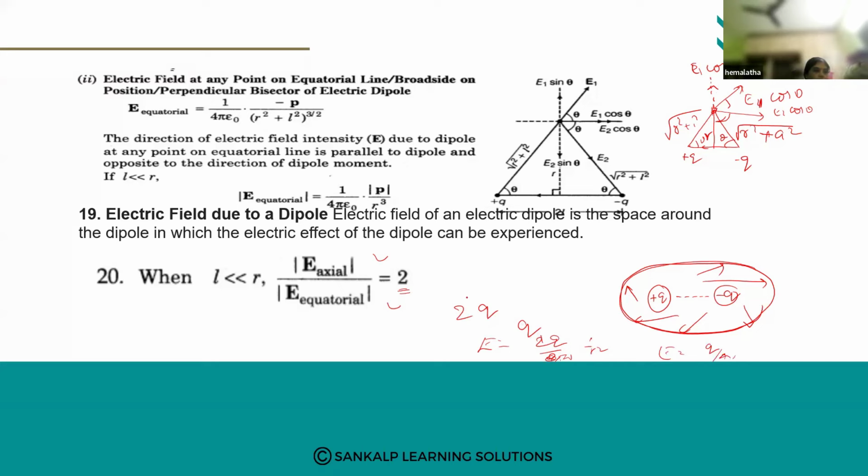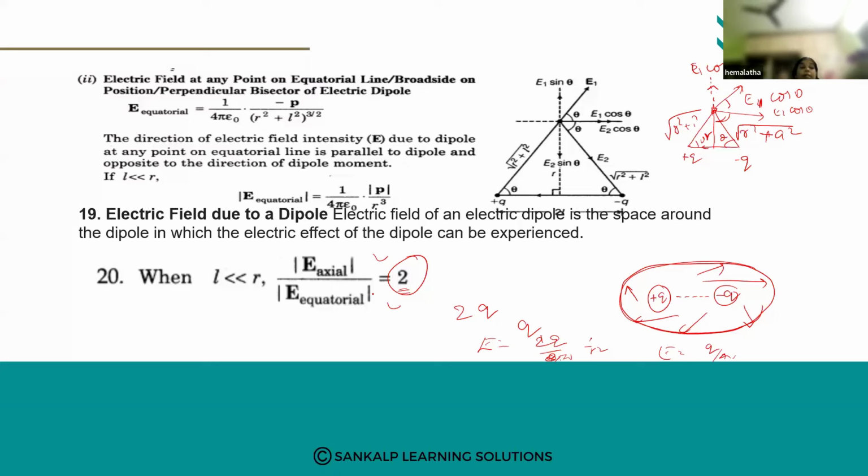So if you cancel, what remains? 2. Correct? These are all the things in your textbook that you are learning about the electric dipole. These are all very important concepts of a dipole.